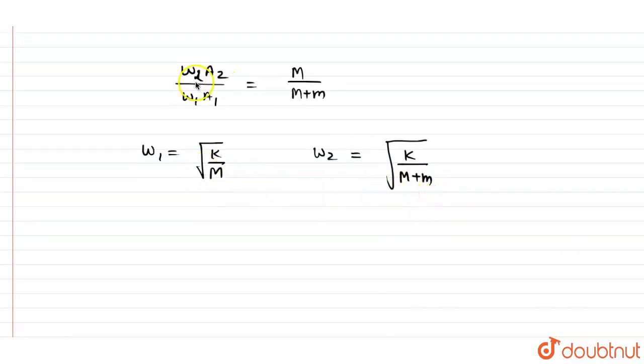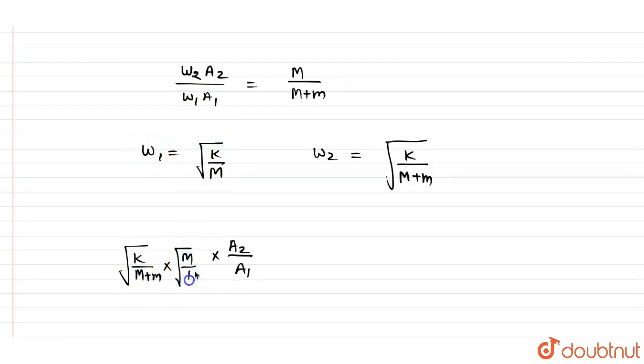So when you put the values of omega 1 and omega 2 here, we can write A2 by A1 equals omega 1 by omega 2, and because omega 1 is in the denominator, it can be written as root of M by k.